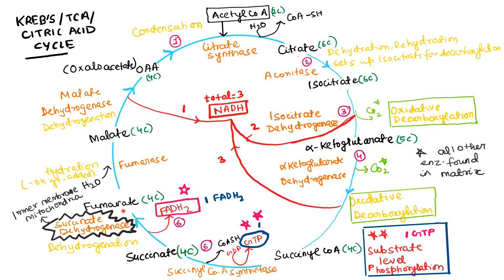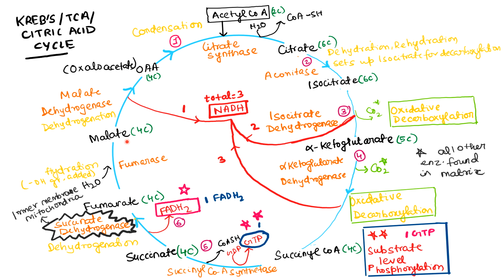Fumarate, which is formed, is a 4-carbon compound. It is accepting a molecule of water, and hydration takes place, leading to the formation of malate, which is again a 4-carbon compound. Conversion of fumarate to malate is catalyzed by the fumarase enzyme. In the final step of the Krebs cycle, oxaloacetate is regenerated from malate.